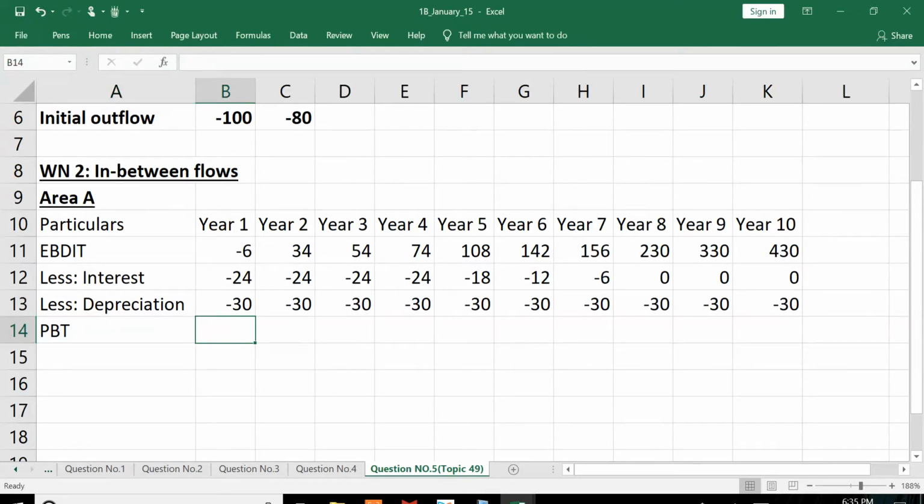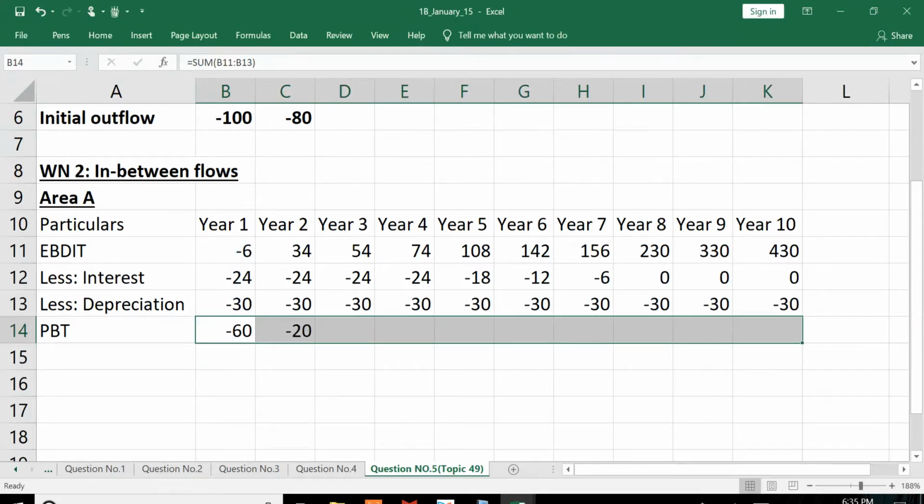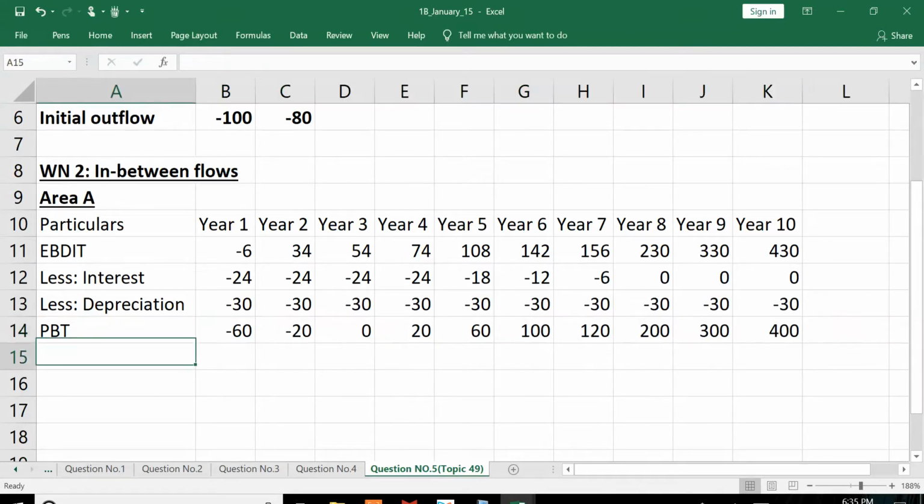Then profit before tax. We pay interest on the entire 200 for the first 4 years and thereafter it comes down.